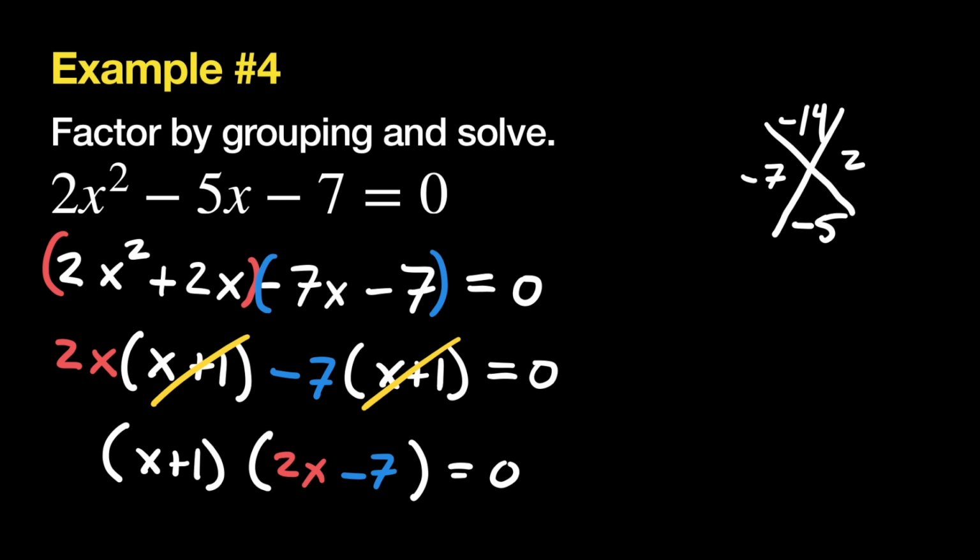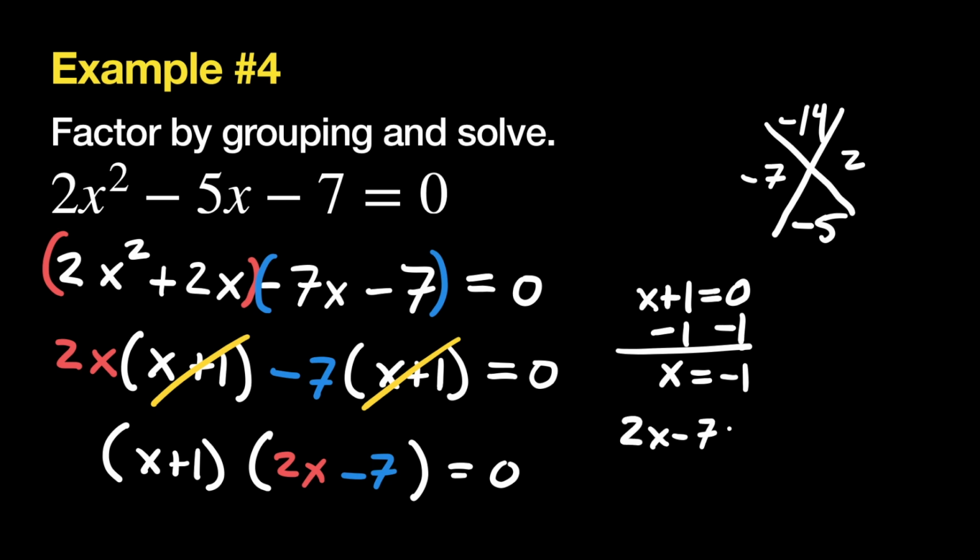And from this point on, we just go back to our traditional way of solving things. X plus 1 is equal to 0. So minus 1, x is equal to negative 1. And we have 2x minus 7 is equal to 0. So plus 7, 2x is equal to 7.